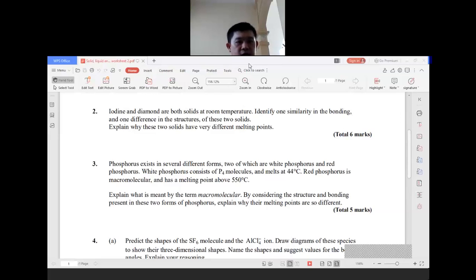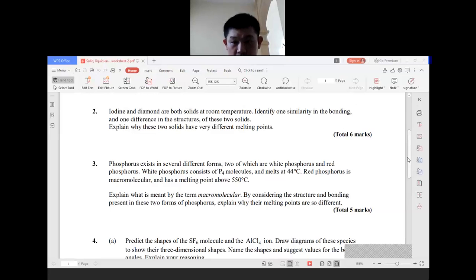If below 100 degrees Celsius, then the white phosphorus has the simple molecular structure. While red phosphorus has giant covalent network because it has high melting point, and these two phosphorus are called allotropes.